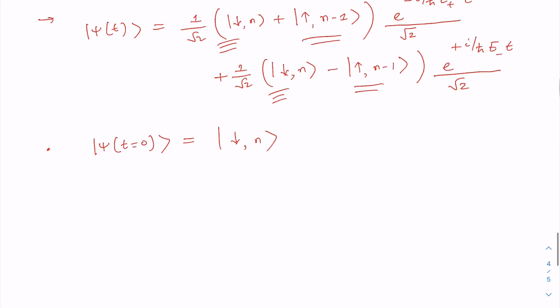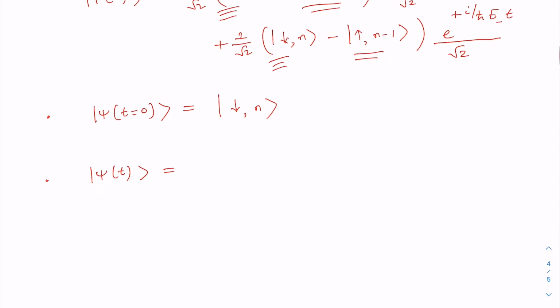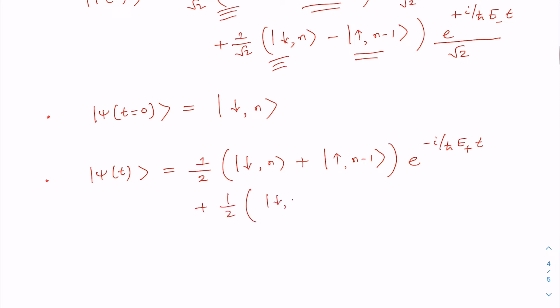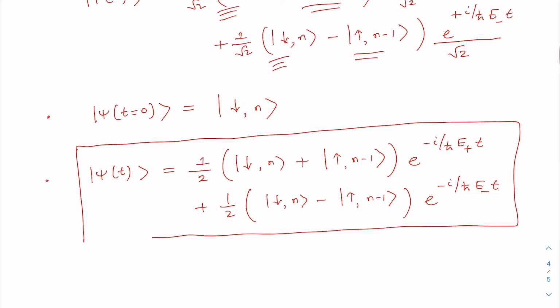Okay, so let me write that at any arbitrary time the state of the system would be simply 1/2 this symmetric superposition, with e to the power minus I by h cross E plus t, plus 1/2 the antisymmetric superposition of these two states, with e to the power minus I by h cross E minus t. So this is the state we obtain.